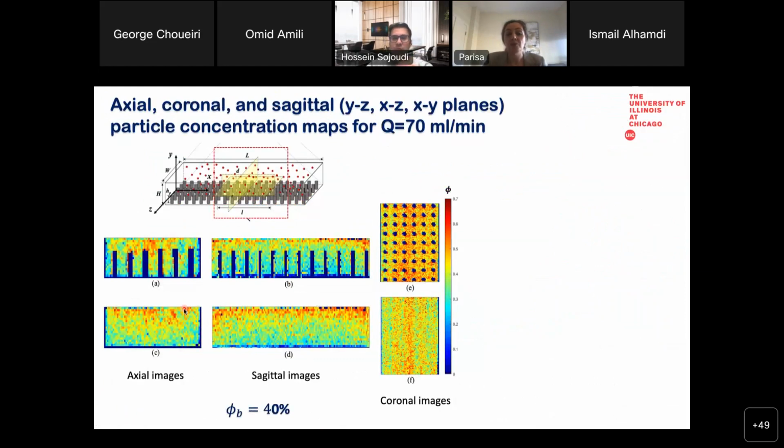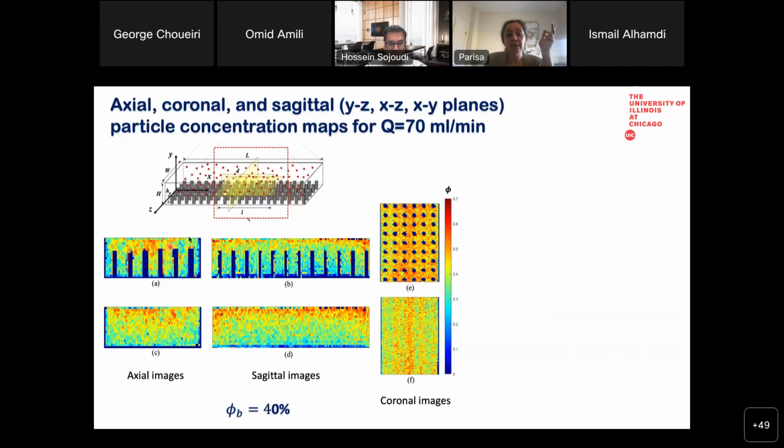And here are 3 slices: axial, sagittal, and coronal images of those concentration profiles. If you look at the figures B, E, D, and F, you can see there is a periodic suspension flow over at least 9 to 10 rods, which definitely shows the flow is periodic, and it's kind of fully developed.